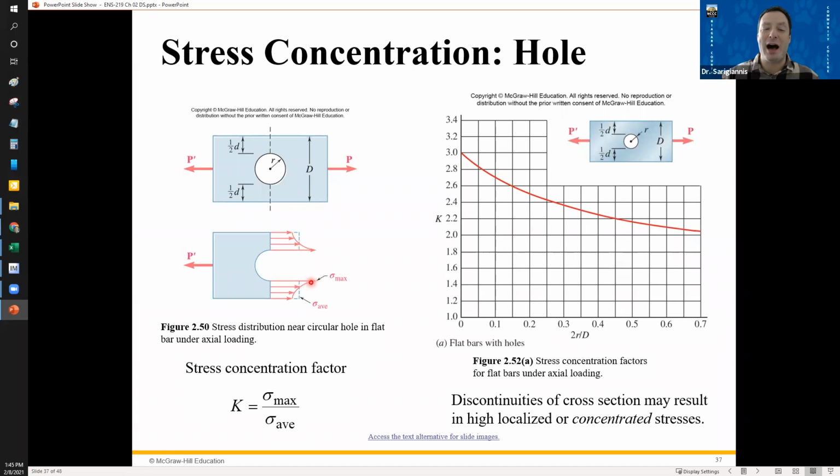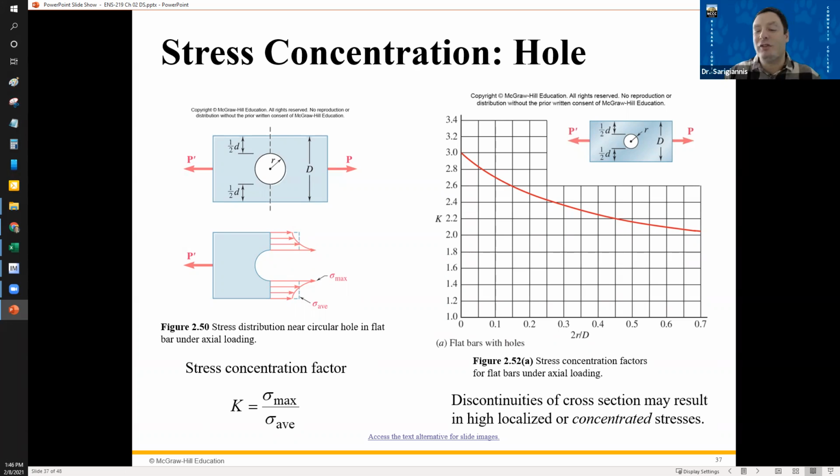It's very much higher at the center than it is at the outside, where this circle begins, on the outer diameter of the circle. Now, we typically just assume an average stress here, the sigma average.